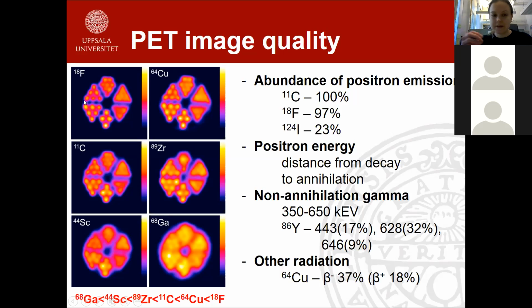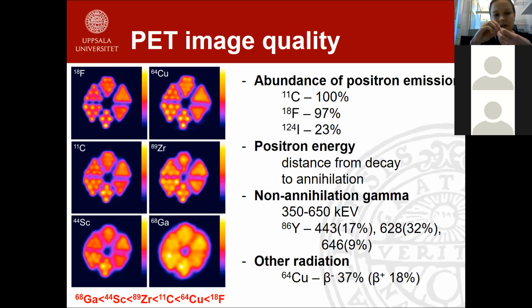Basically it's the ability of the PET detector to distinguish between two points that are close to each other. And if the energy of the positron is low, it doesn't travel too far, and that means that our point of decay and point of signal production are very close to each other.